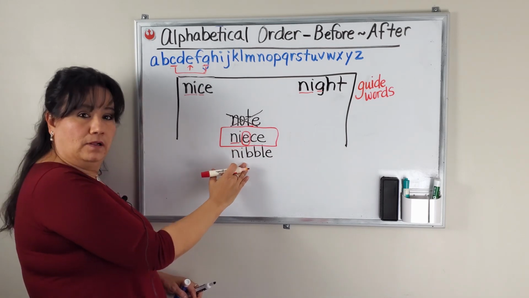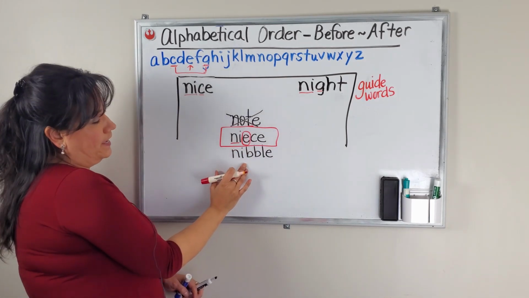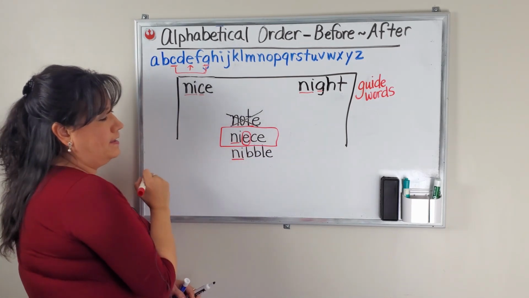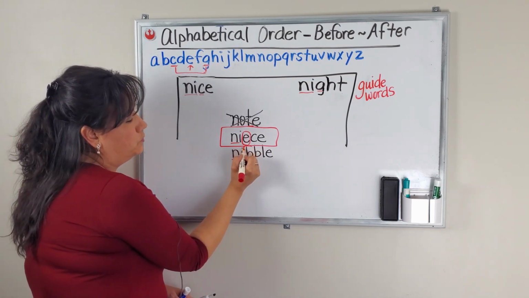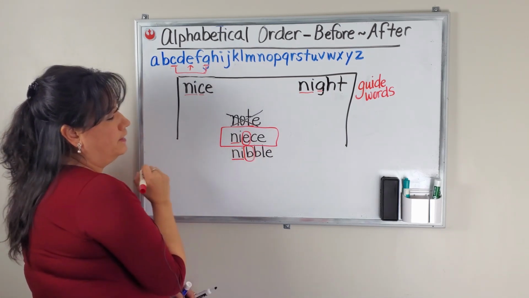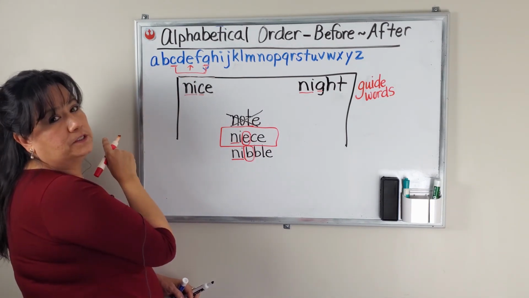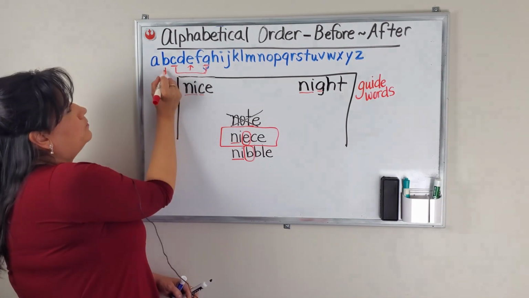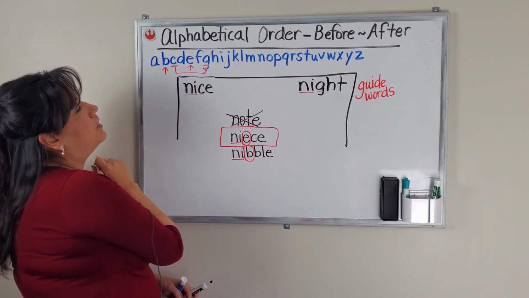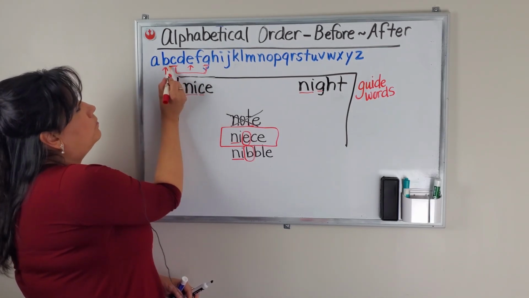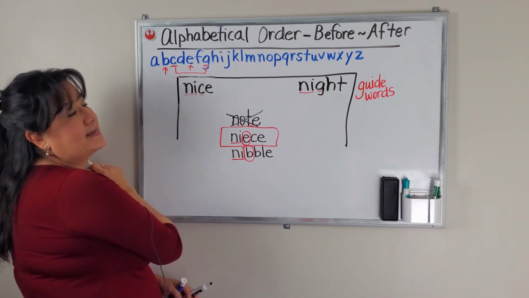So let's see if nibble falls on this page. Again, we have N-I. So we go to the third letter and we're going to find it up here on our alphabet. And you probably already spotted the B, right? It's right here. Well, it is before we find the third letter in nice.